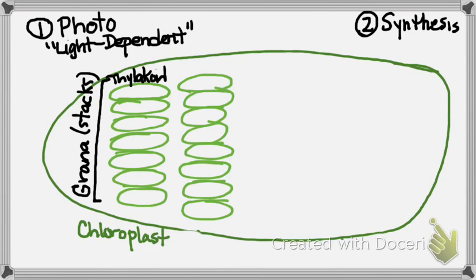Not sure if you can tell what I'm spelling, so I'm going to spell it for you. That is thylakoid. And that is one of these inside this stack. So a stack of thylakoids is called grana. And the individual disc itself is called a thylakoid.